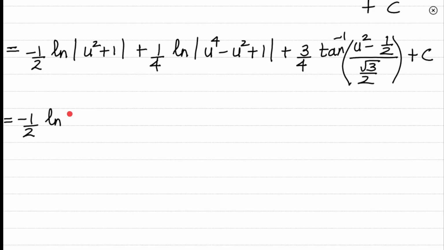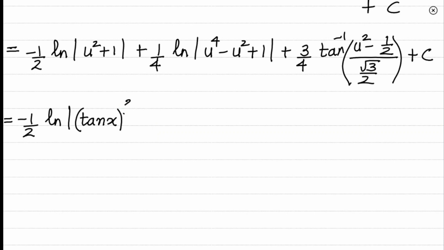So we have minus half ln mod, cube root of tan x is nothing but tan x to the power 1 by 3. Now then there is a square, so that will become 2 by 3.